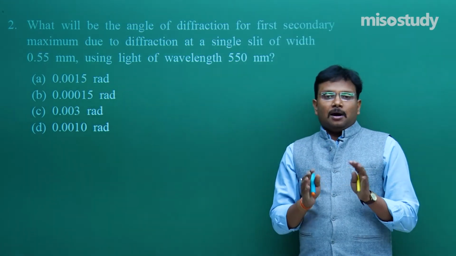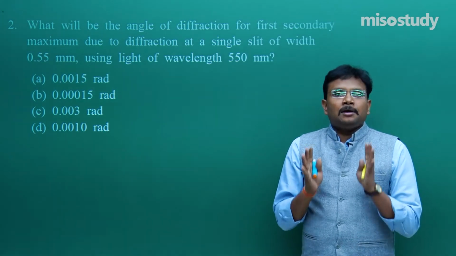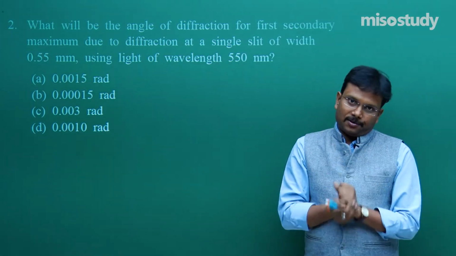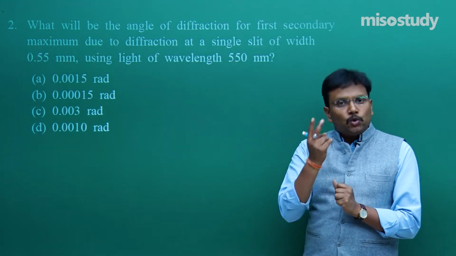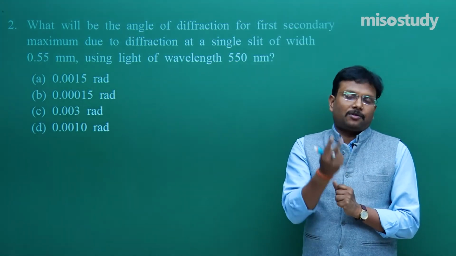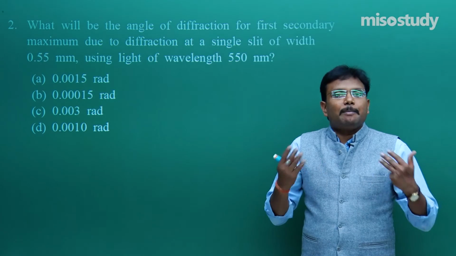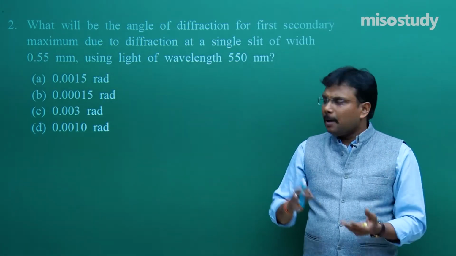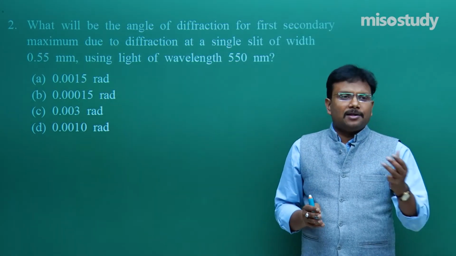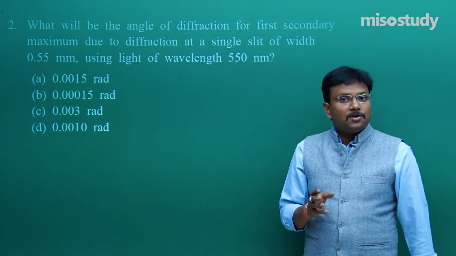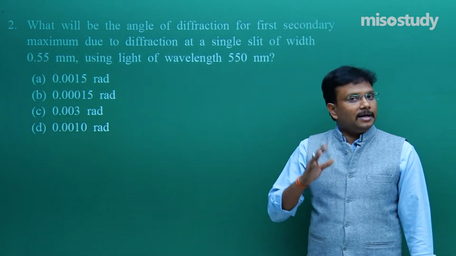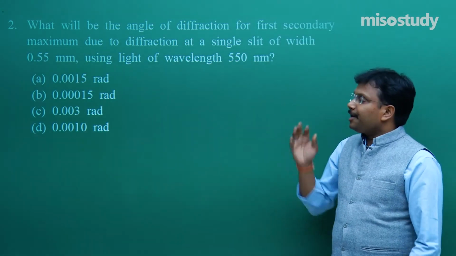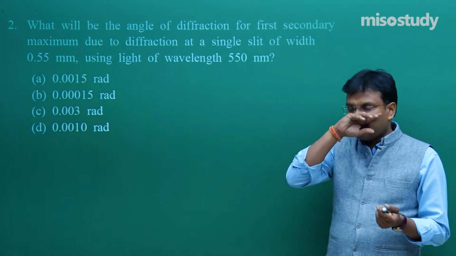Students, we are discussing chapter wave optics, and in your wave optics chapter there are basically two main topics from where you are supposed to get maximum number of questions. Fine, apart from polarization, Huygens concept and all these things. One is your YDSE, Young's double slit experiment, and second is diffraction, concept of diffraction.